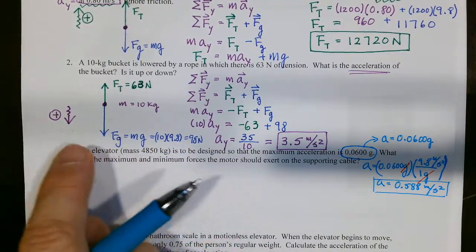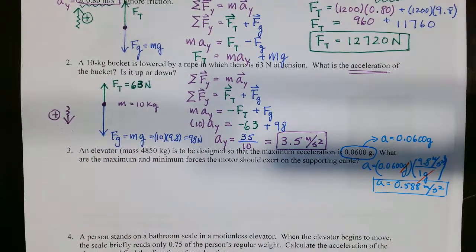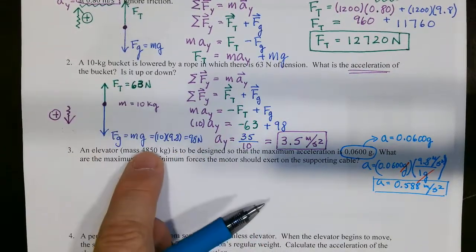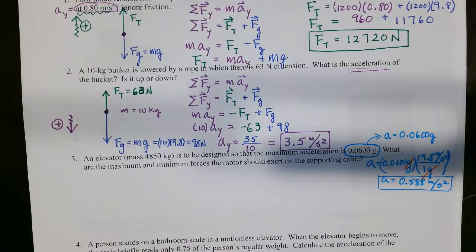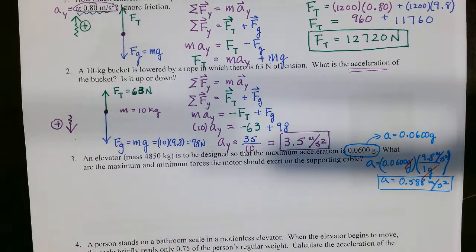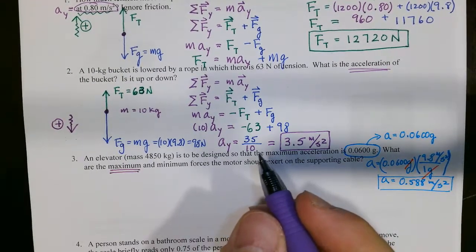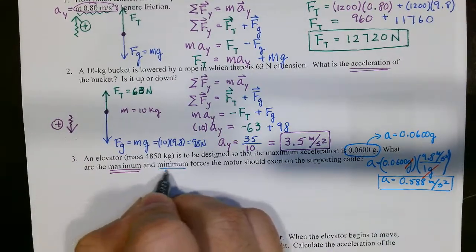Therefore, if the tension can only withstand the weight of the elevator, that means it's going to snap when it's accelerating upwards. Therefore, we have to calculate the minimum tension required to make this elevator accelerate at that much. Okay? So, minimum force, we can worry about that afterwards. Let's talk about the maximum force first, and then we'll talk about minimum force afterwards.